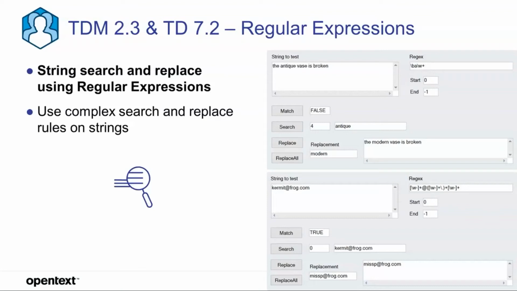For example, this is a screenshot of a sample on the right side where the regex is on the right, \BA\W plus, which searches this string here, and we are searching for the term antique and replacing it with the word modern. So that's a very simple search and replace.